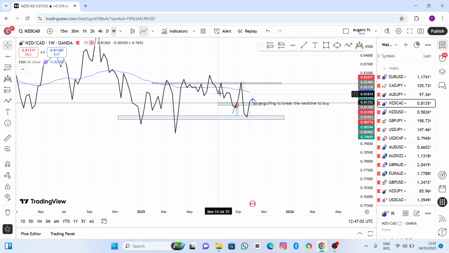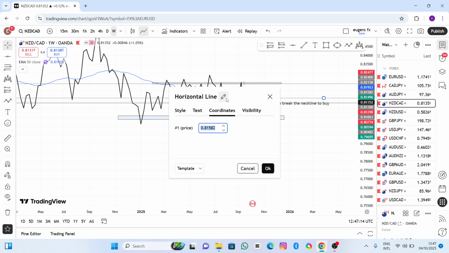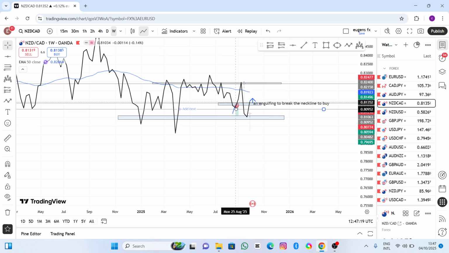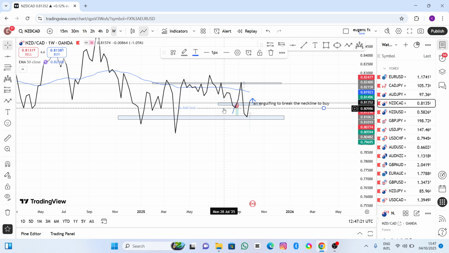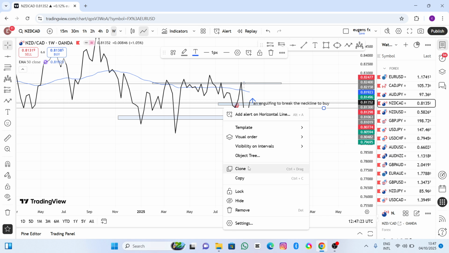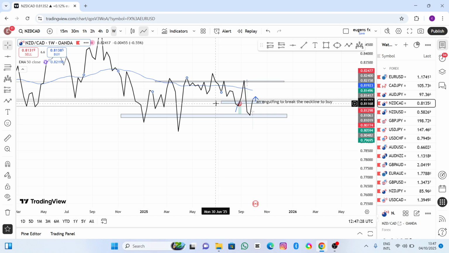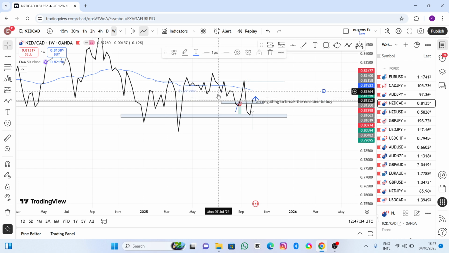So on the weekly, this was a lower low, right? Lower high. So this was the last high, last low. This market closed below this low here. Let me show it. Market closed below this low. Made here the new lower low, and here the new lower high.